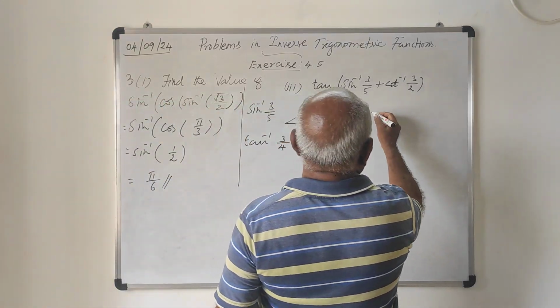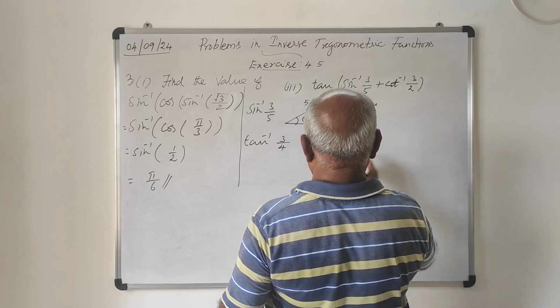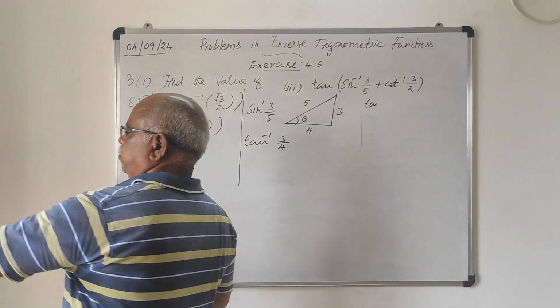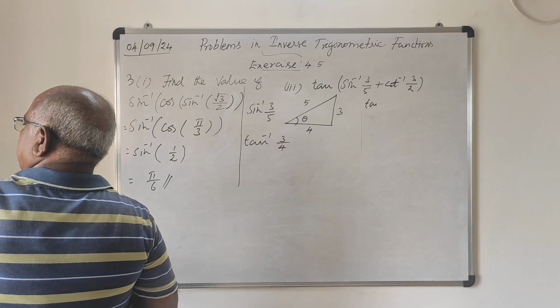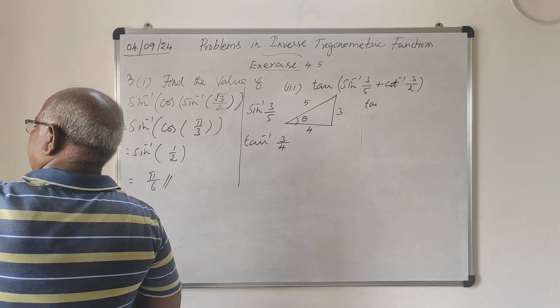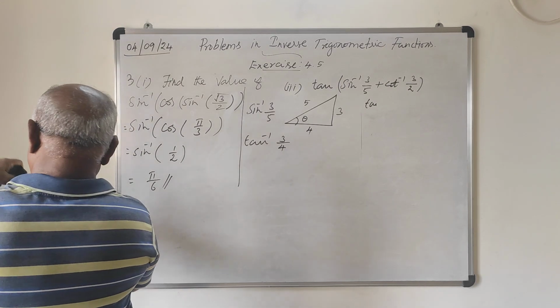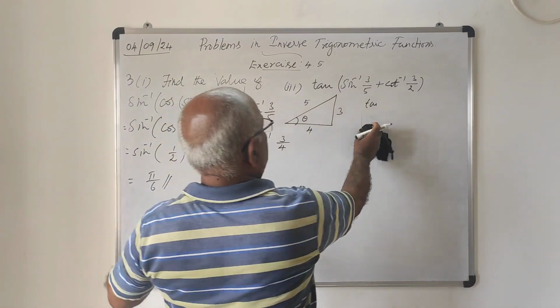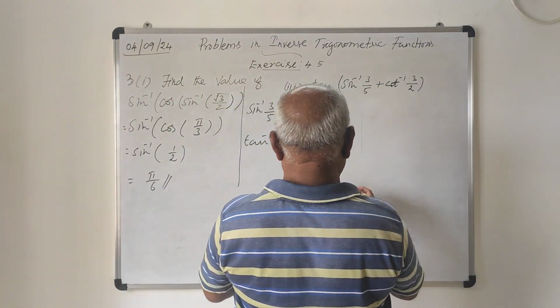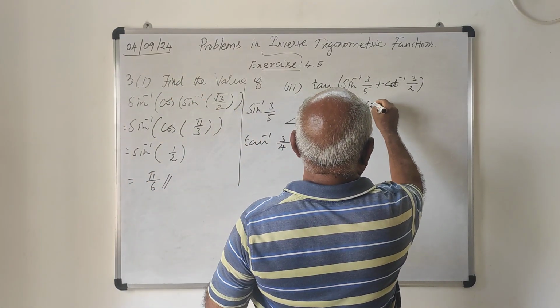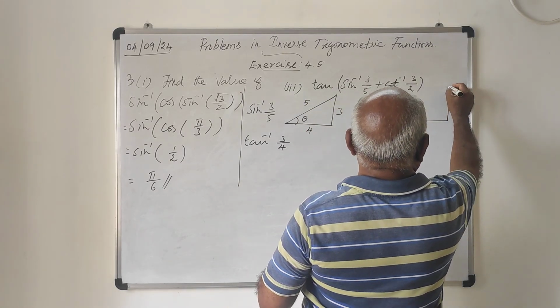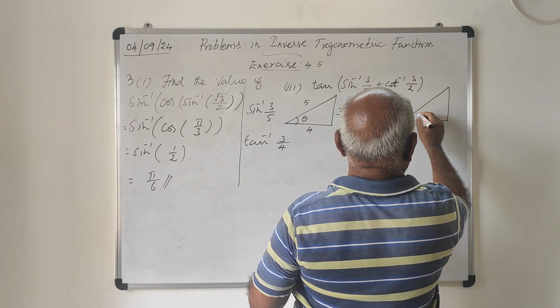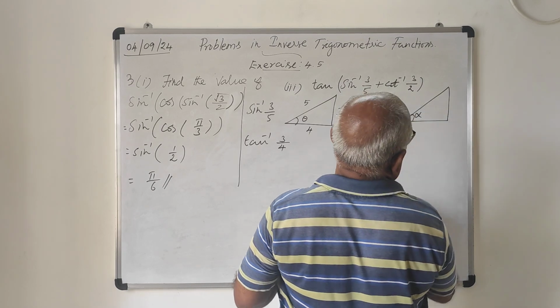Similarly, consider cot inverse of 3 by 2. For this, you consider a right angle triangle with some angle alpha.